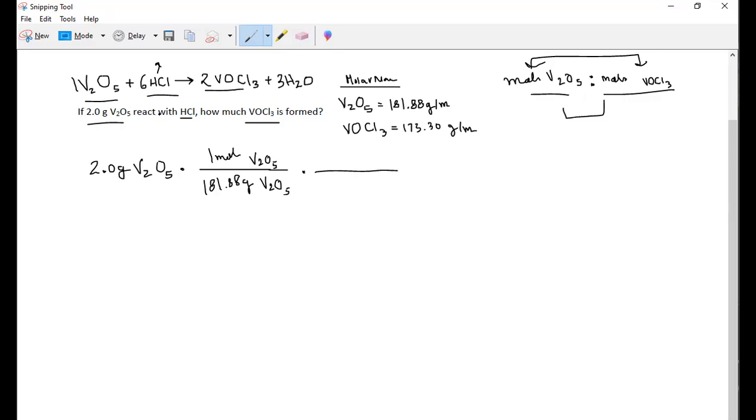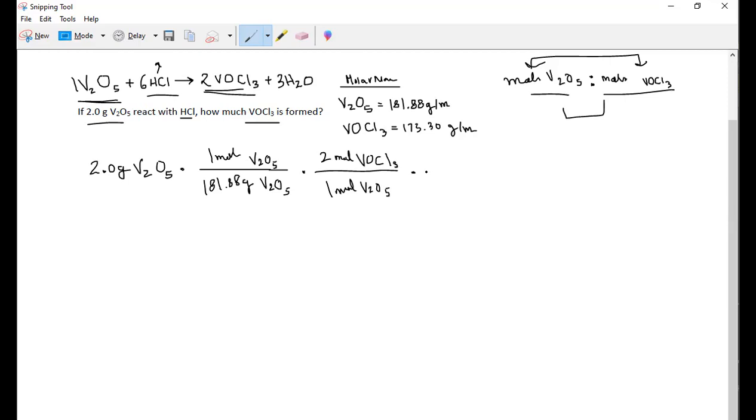If you look at the chemical reaction, 1 mole of V2O5 is 2 moles of VOCl3. That in itself is your mole-to-mole ratio. And so you can leverage that here. You can say that 1 mole of V2O5 is 2 moles of VOCl3.